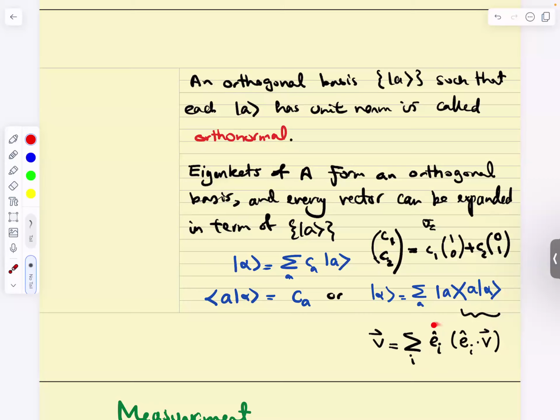If these are an orthonormal basis, you could take a vector and expand it in terms of a basis, and these guys, the inner product, these guys are going to be the coefficients, right? These guys, one by one, they're going to be the coefficients. So keep this notation in mind because it's a super convenient notation.